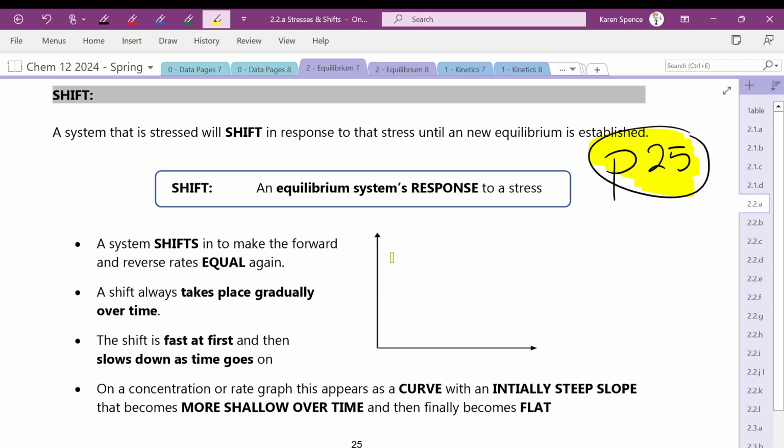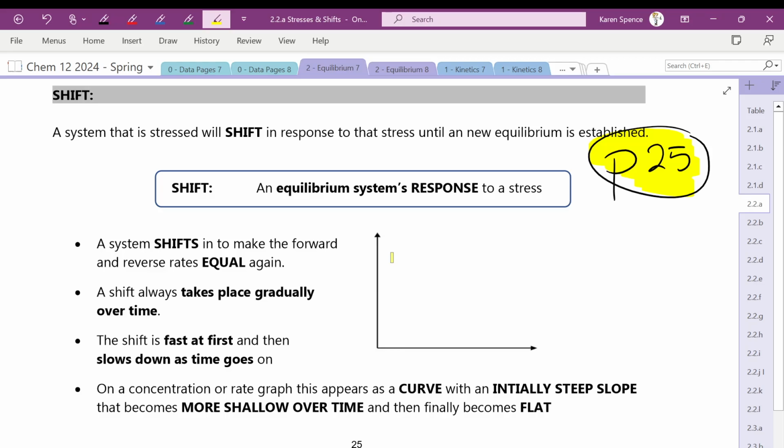Page 25. So a shift. A shift is an equilibrium's response to a stress. Now, do you remember how much time a stress took? No time at all. It was instantaneous.